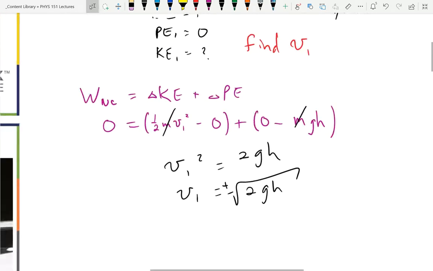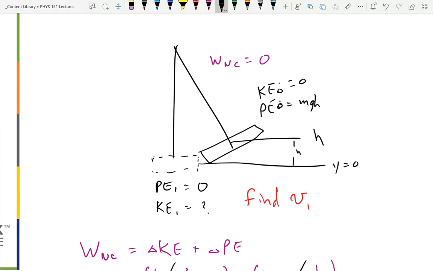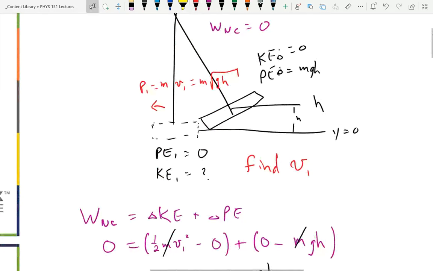So now we come back to this picture, and now we're at this location, and it has momentum p1 equal to mv1, which is m times the square root of 2gh. So that's the momentum it has just before the collision.